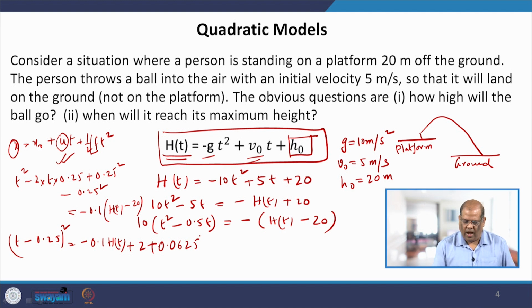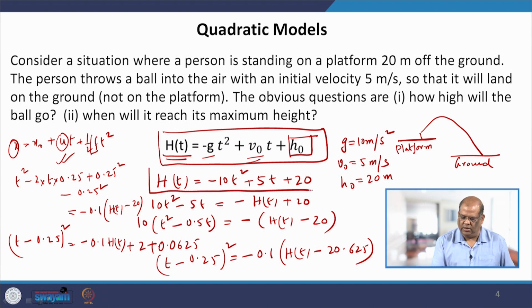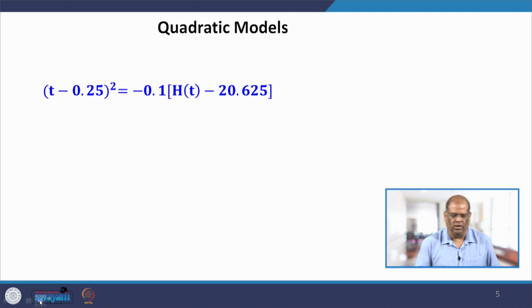If you add them and put it in the form, after simplification it will be t minus 0.25 whole square equals minus 0.1 into h(t) minus 20.625. So, after simplification, you put the equation in this form and then you have to plot it. So, this is the equation.